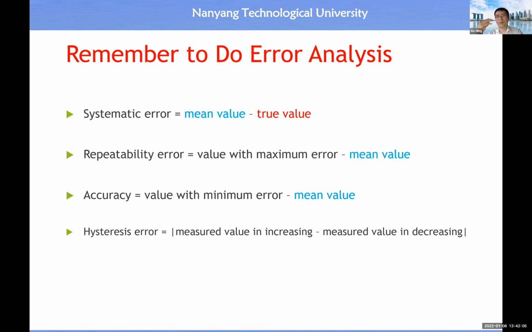Therefore you can calibrate the mean value for amplitude, repeatability, accuracy for the amplitude, and also see whether there is a hysteresis effect or not. In this case, you can increase the amplitude of the vibration signal at the input, then reduce it, then compare to see whether there is a difference in the error or not. This is just a standard procedure for you to follow.